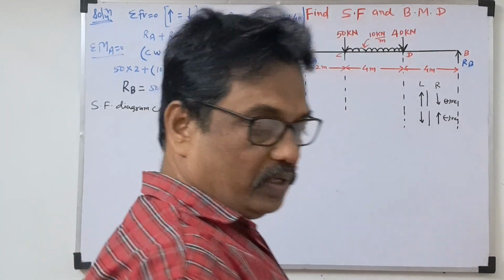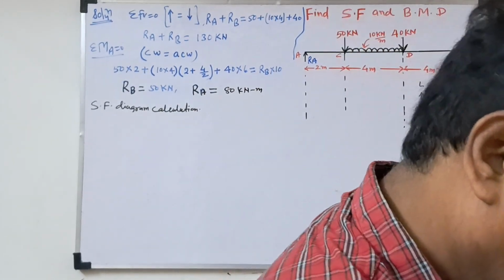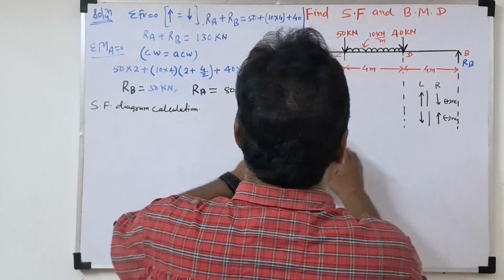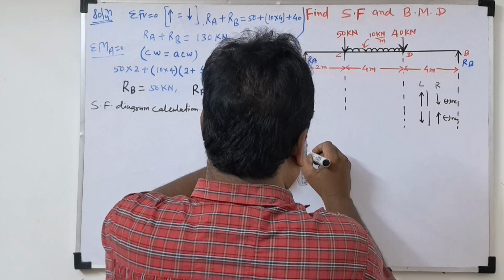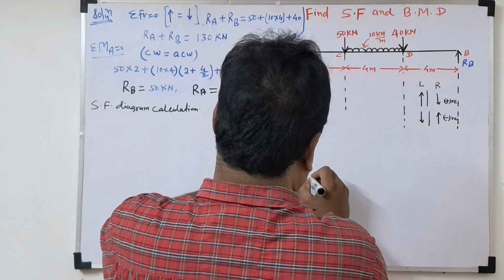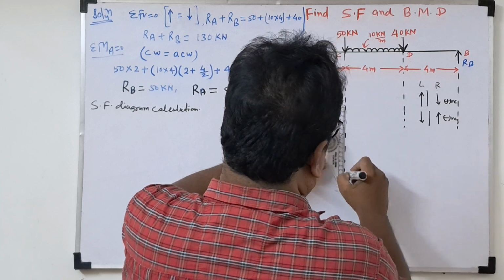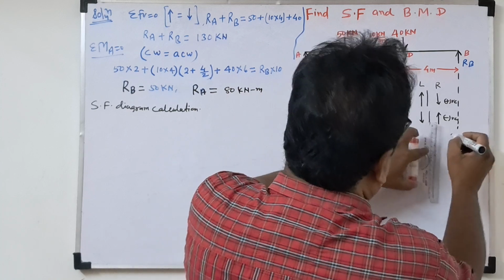Okay, so now we'll draw the zero shear force line first. Once we calculate and substitute, we have to extend this line. With reference to these lines, we will draw the shear force diagram.